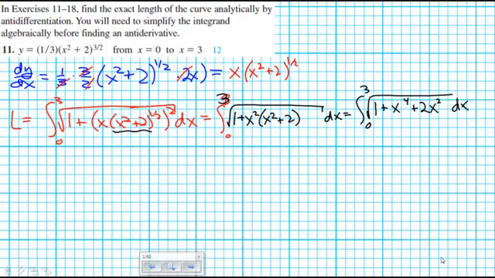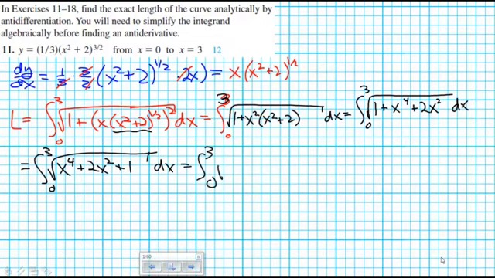And then coming down here to continue this chain of equal signs, with every single step being equal to the previous step, we are going to realize that the thing under the square root is in itself a perfect square. I rewrite this, and we see that the thing under the square root is the square of x squared plus 1.